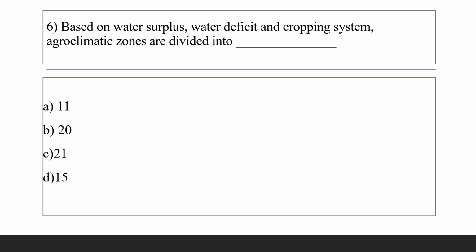So it is divided into 15 zones, option D. If the question is based on water surplus and water deficit only, the agroclimatic zones are divided into 11. You have to click option A.